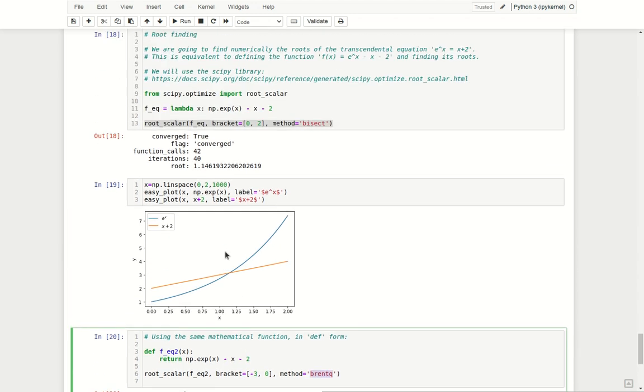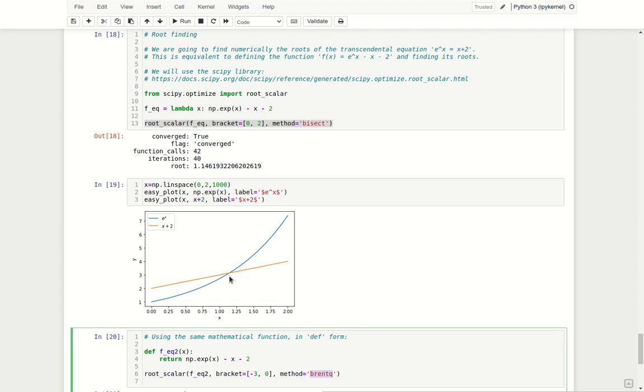Notice that, as you know, the exponential goes to 0 when x goes to minus infinity, and it goes to plus infinity very quickly when x goes to infinity. So the infinity of the exponential is much larger than the infinity of any linear function.